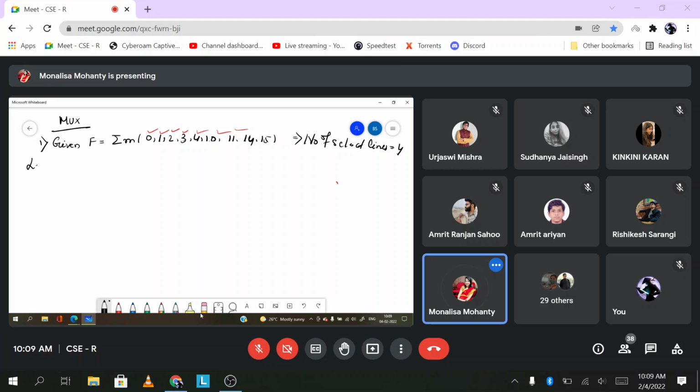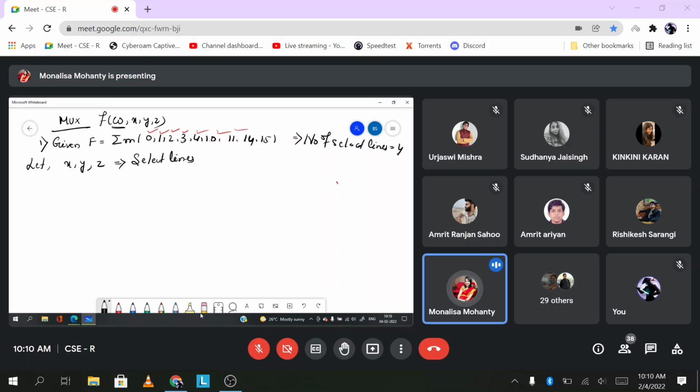So let us say your F is a function of W, X, Y, and Z. So let X, Y, and Z be your select lines. So which one is left? W is left. So you need to map the W in terms of your input information.